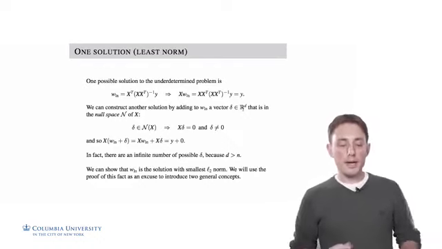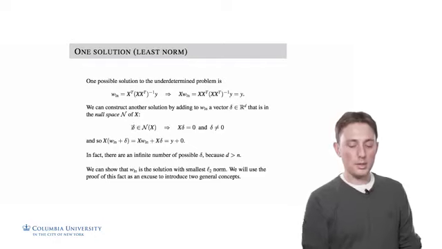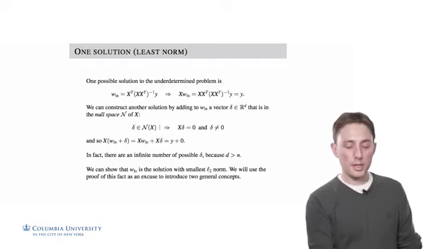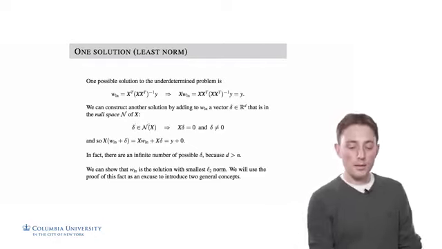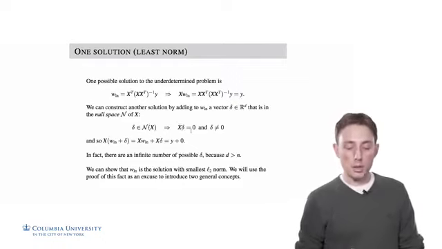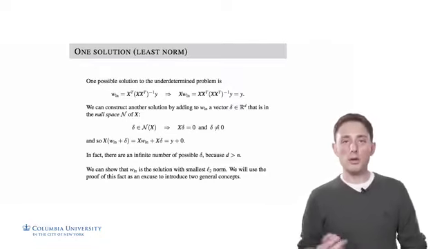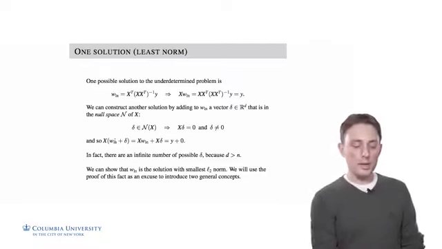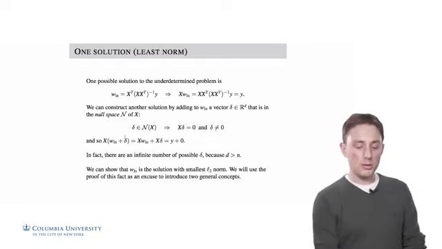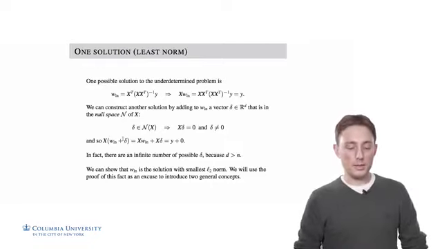Remember that a vector delta is in the null space of the matrix x if the product of x with that vector is equal to 0, and the vector has non-zero values in it. So we can write this new solution as the sum of the least norm solution plus some vector delta in the null space of x.